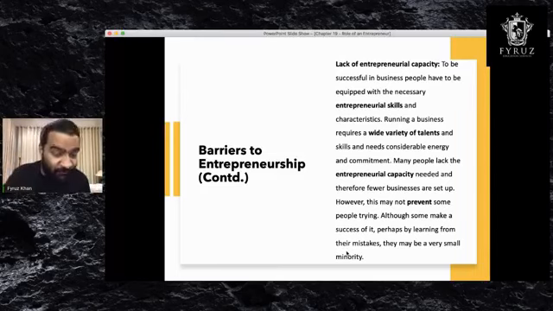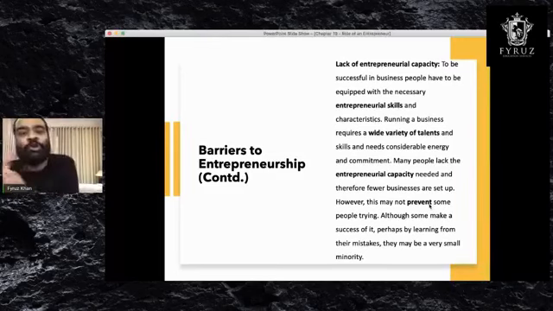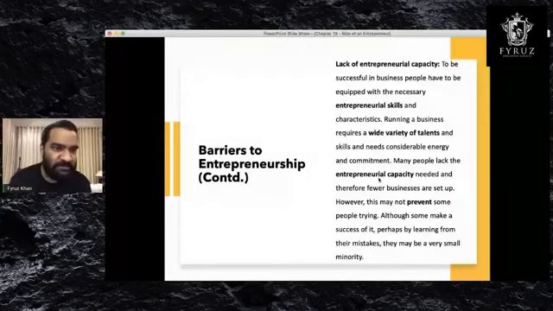They are discovering what to do and what not to do. When they figure out everything, the business will be successful. Okay, but it should not prevent you from trying. There will be lackings, but you should keep on improving yourself. So lack of entrepreneurial skills or capacity is one of the barriers to entrepreneurship.